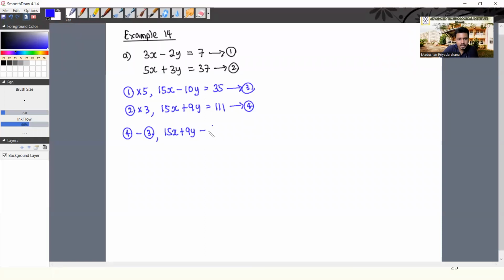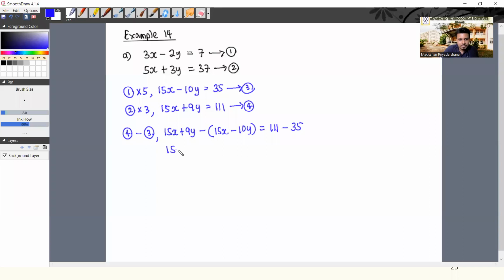From that we need to deduct, within brackets as a practice, the third equation, 15x minus 10y. On the right hand side, fourth equation has 111, third equation is 35.